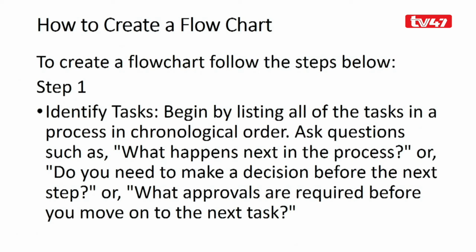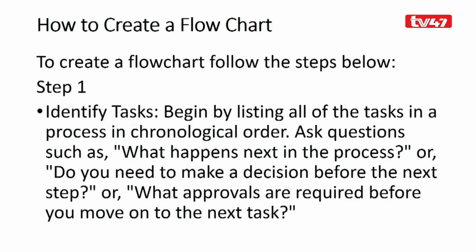Then you need to ask yourself questions like, what happens next in the process? We are done with task 1. Where do we go to? Do we go to task 2? Do we go to task 3? And so on. And what happens in case we have to make a decision? Do you need to make a decision before or after the next step, and so on?